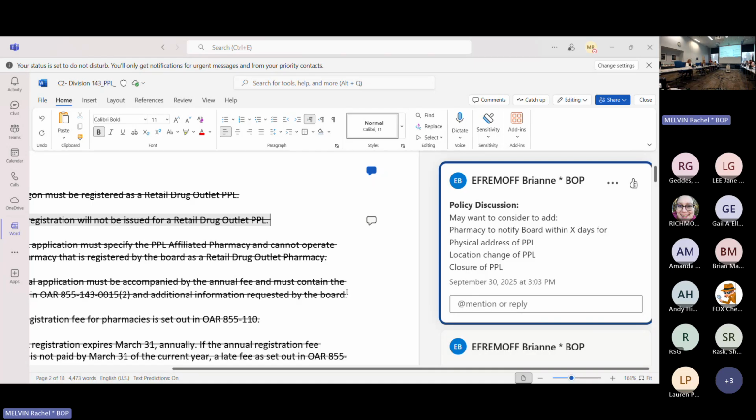Is it like a safe, secure building, like a shopping mall or a strip mall? I would have to look, I haven't looked at these in a while, but there are some that are in health centers or clinics, stuff like that. Correct, yeah. Okay. Yeah, I envision the need to know exactly where they are as the board.